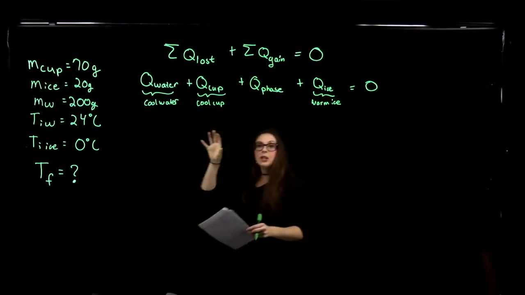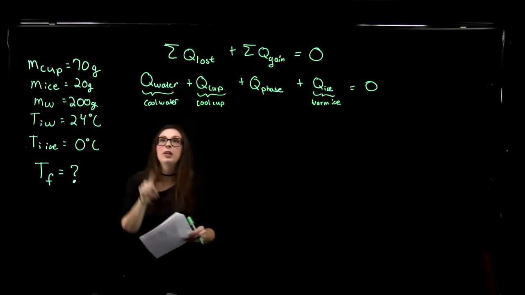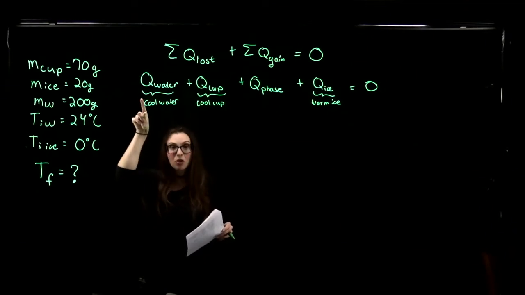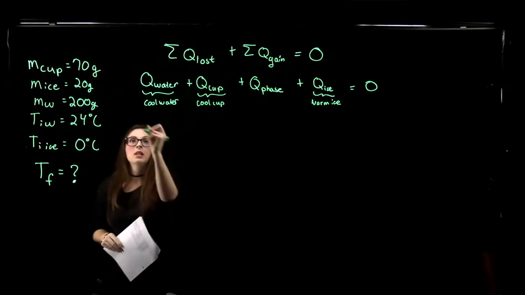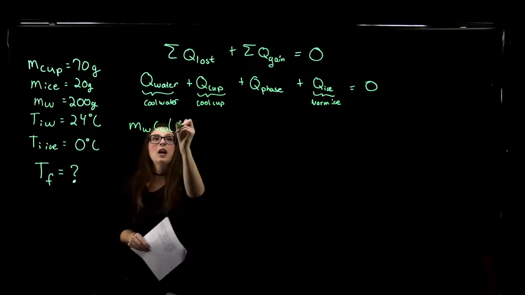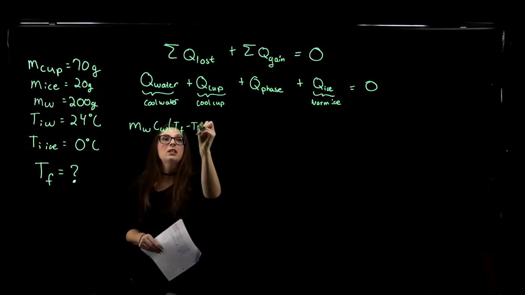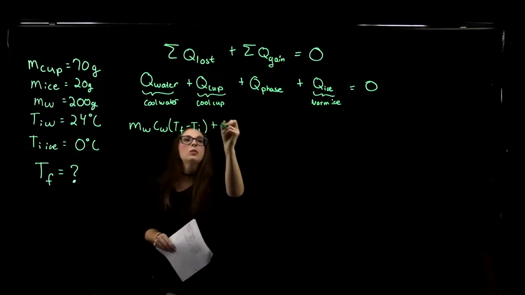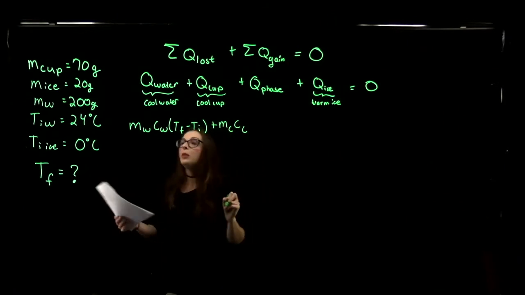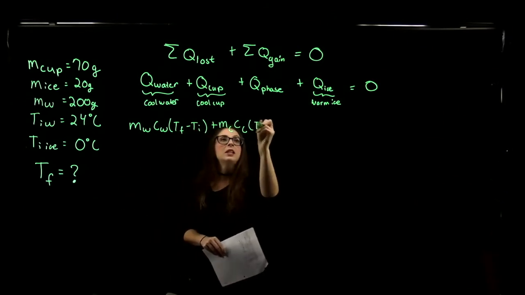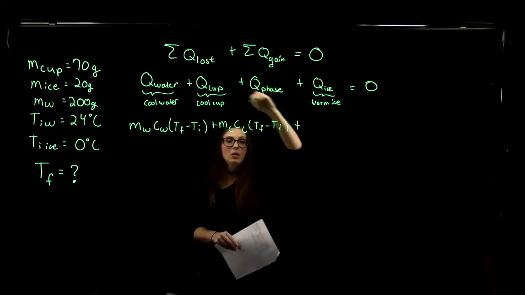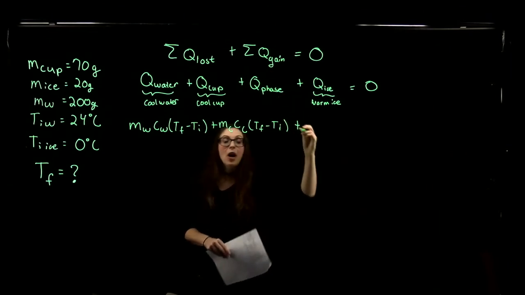Using what we've learned in our previous questions for the pre-lab, the heat required to change the temperature of a substance is equal to the mass of that substance times the specific heat of that substance times its final temperature minus its initial temperature. Plus we've got M of the cup times the specific heat of the aluminum that the cup is made of times T final minus T initial, plus the heat required to change the phase of our ice cube.